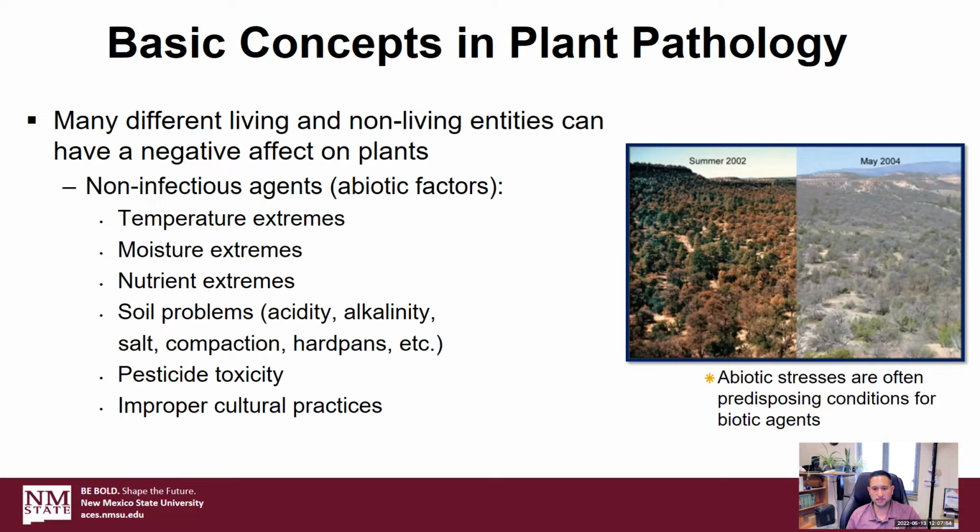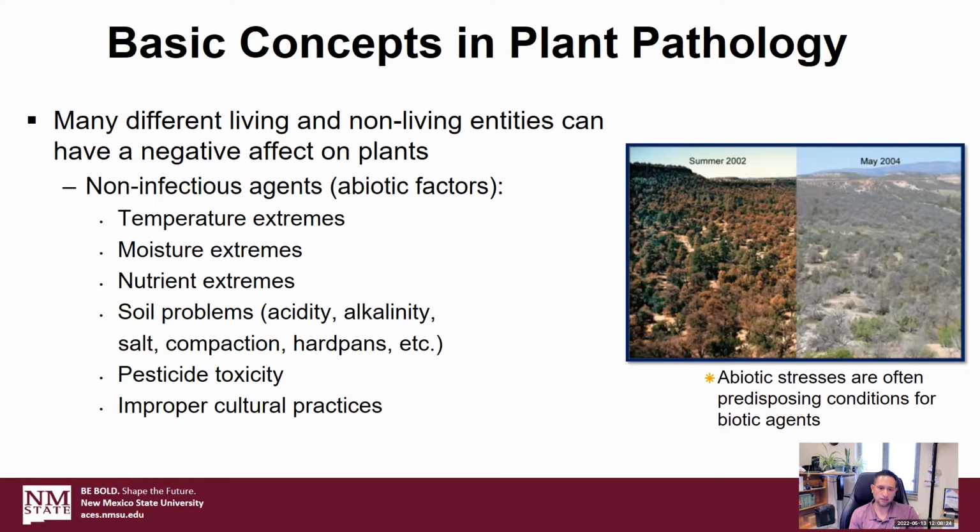If you plant a tree and the soil's too compact or on a hard pan, maybe those roots aren't able to spread out as they normally could, and that can affect your tree growth as well. Pesticide toxicity is a big one. You need to first identify your problem before you start spraying things and causing more problems.